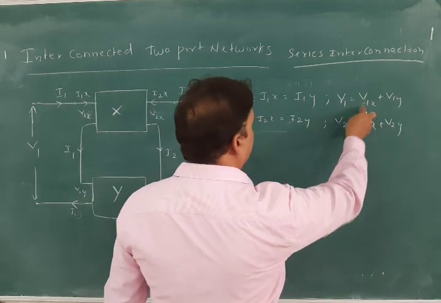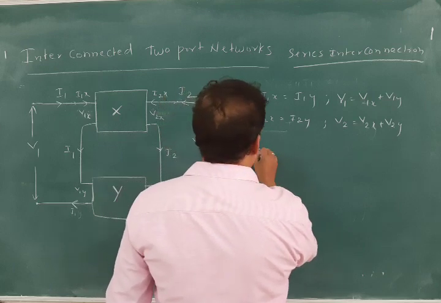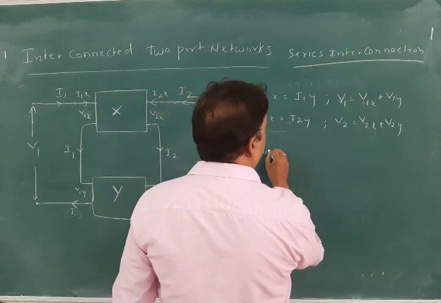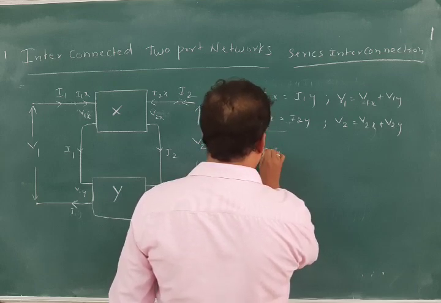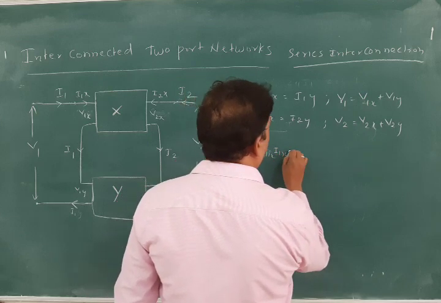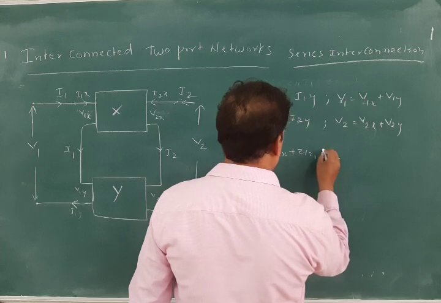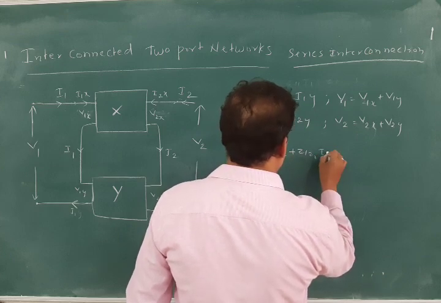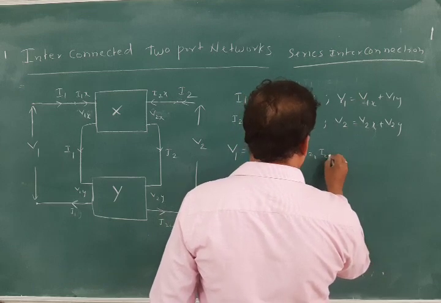V1x is equal to, in terms of Z parameters, Z11 of x into I1 of x plus Z12 of x into I2 of x.